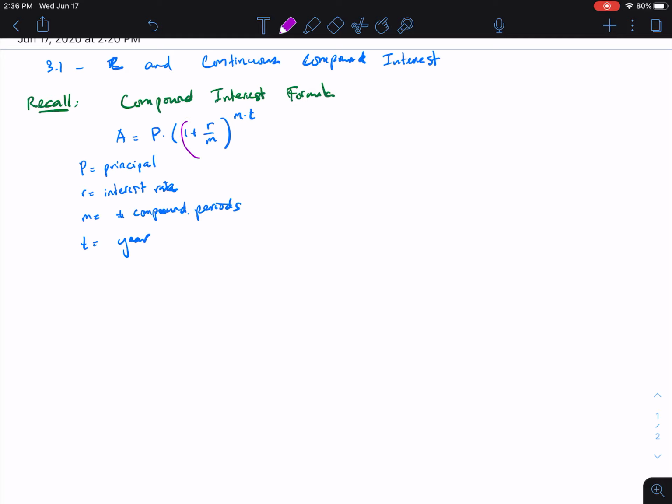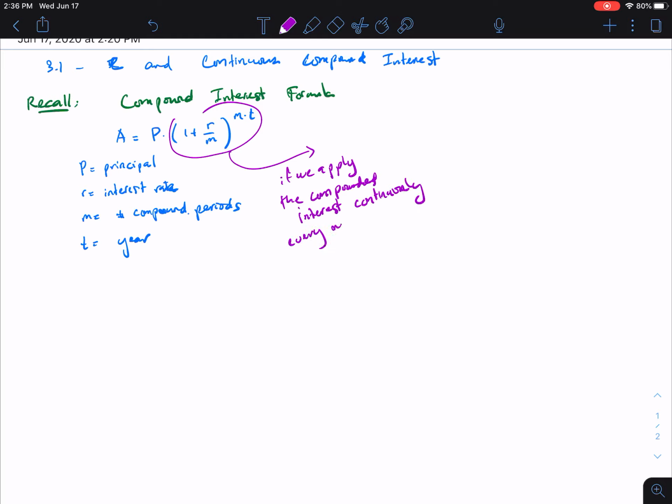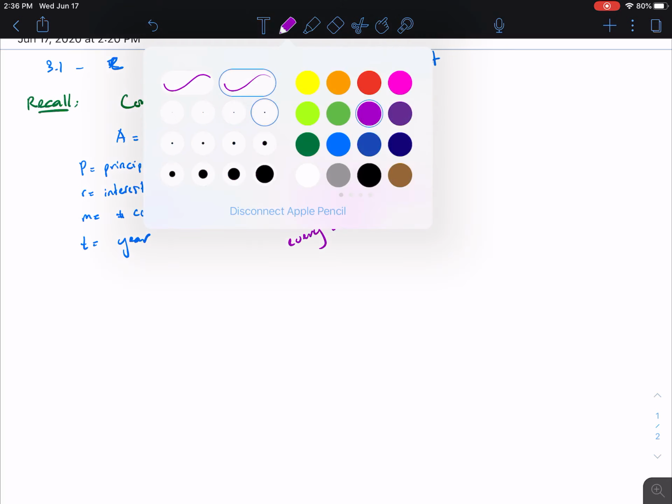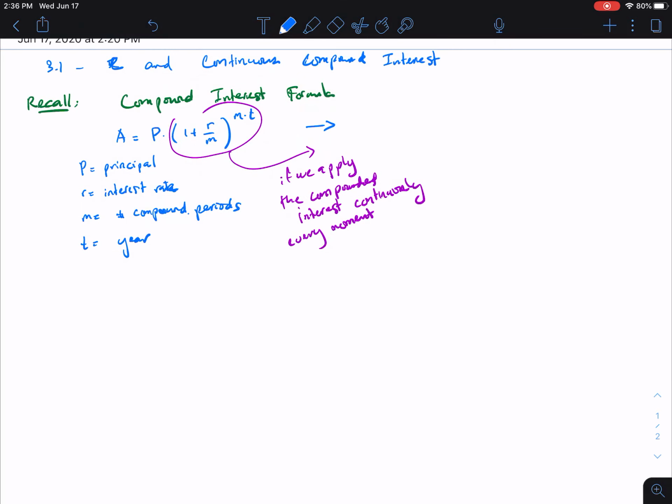If we apply the compounded interest continuously, meaning every moment, then this formula now becomes principal times e to the rt.